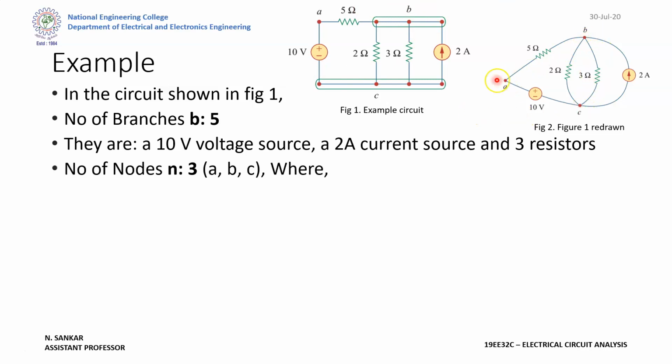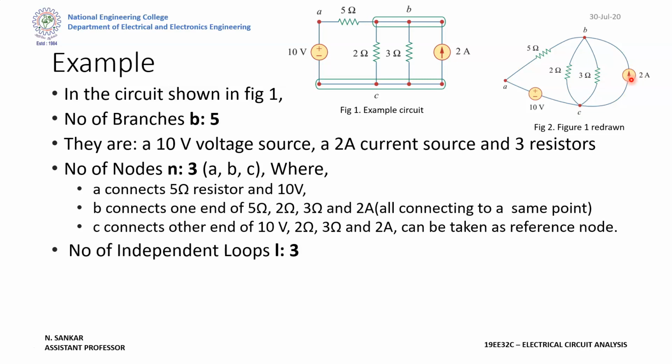Okay, so here A joins 5 ohm and 10 volt, B joins 5 ohm, 2 ohm, 3 ohm, 2 ampere, and C joins 10 volt, 2 ohm, 3 ohm and 2 ampere. If you take independent loops, here we have 3 independent loops.